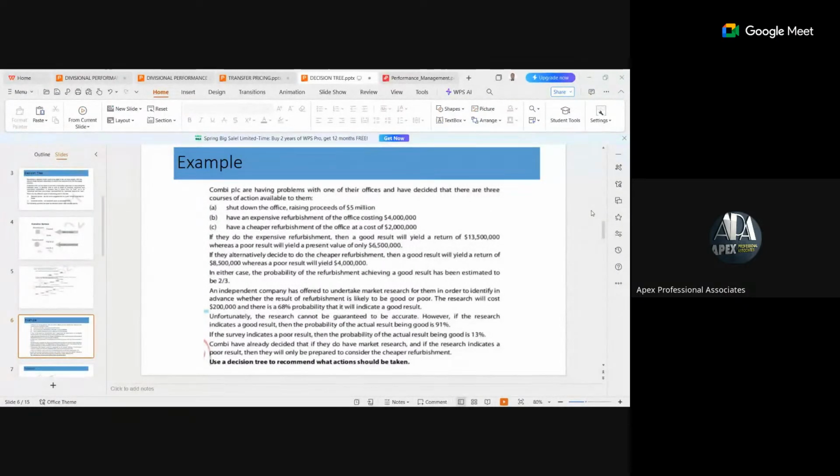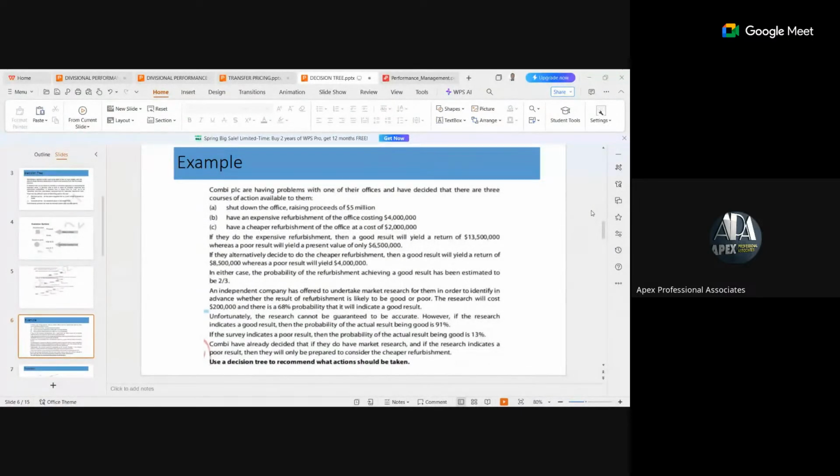It will result into good or bad. And from the question, the actual probability of being good is what? 91%. So the probability of being bad will now be what? 9%. So now, when the result is good, I'm emphasizing again, we have 3 decisions to make: expensive, cheap, or shut down.